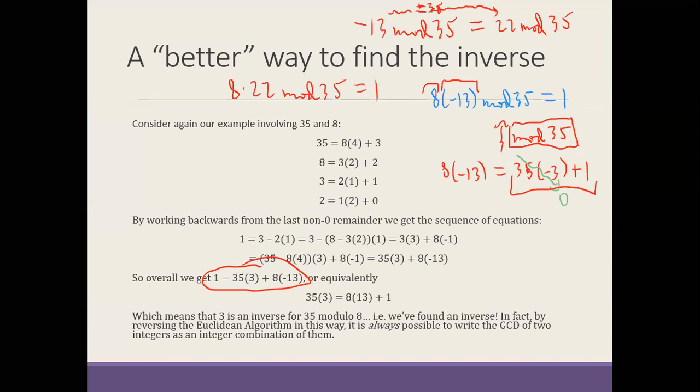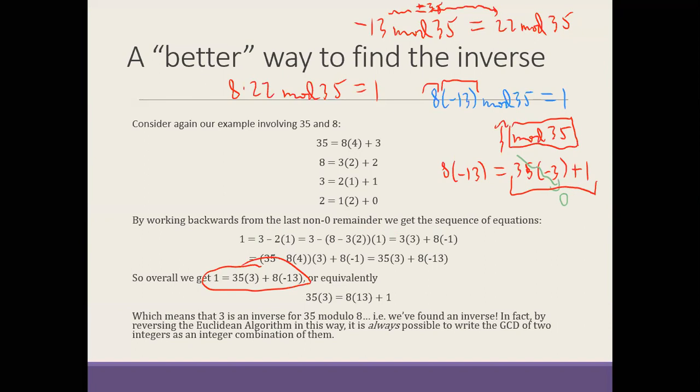Okay, and you could check that out. What is 8 times 22? 176, yeah? 176. 140 is divisible by 35, so 175 is divisible by 35, yes? So 176 is exactly 1 more than a multiple of 35, yes?